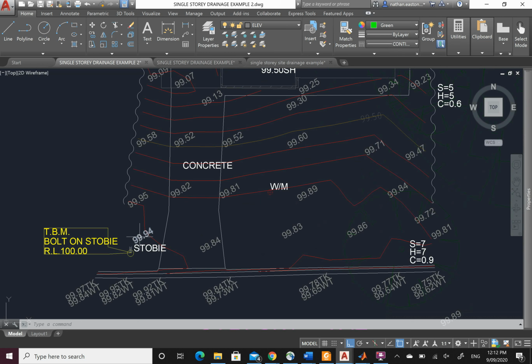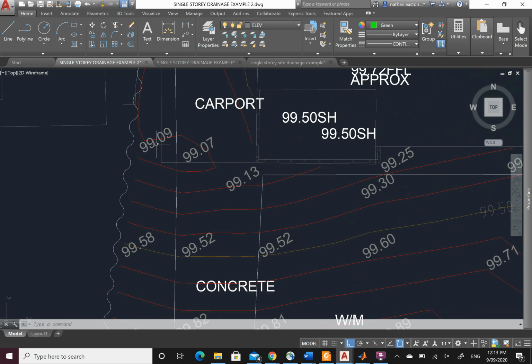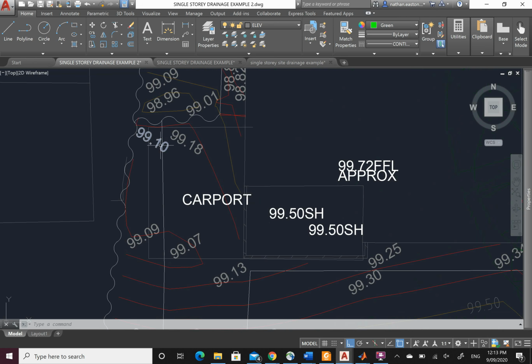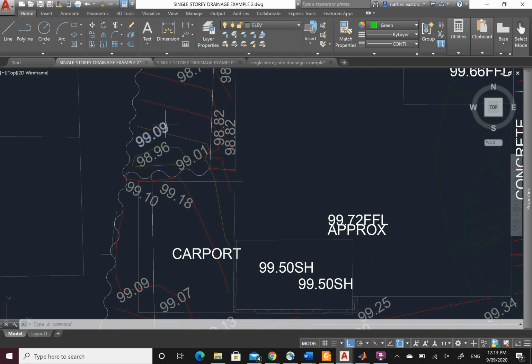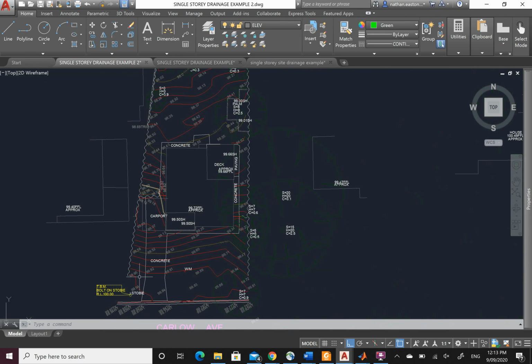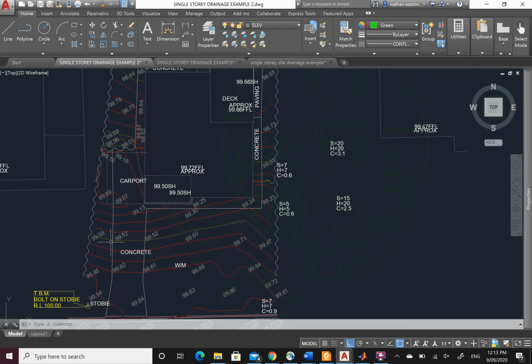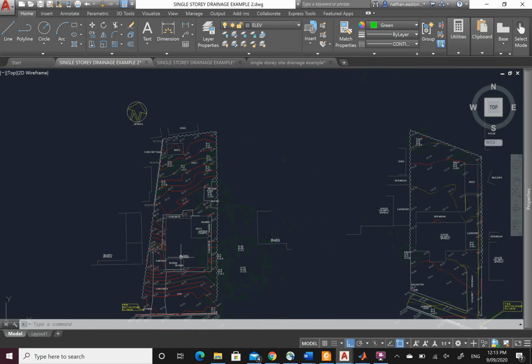RL is 100, so here is lower, but this is still higher, so 94.4, 95.58, 09, then back up to 10, and then back down. So the block is falling backwards, and now we'll look from left to right. 58.2, back up, back down.